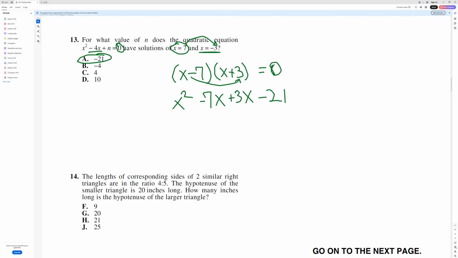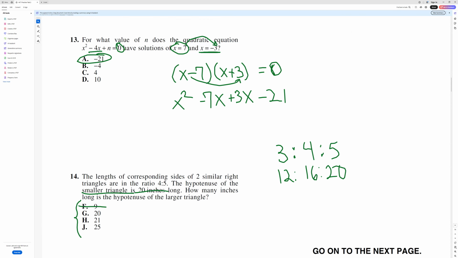Remember, right triangles are known already to be 3, 4, and the hypotenuse 5, and any multiple thereof. So if I multiply all these three numbers times 4, I'm going to get 12, 16, and 20. And it tells me here that 20 is the smaller. So which one of these would correspond to some triangle that is bigger?